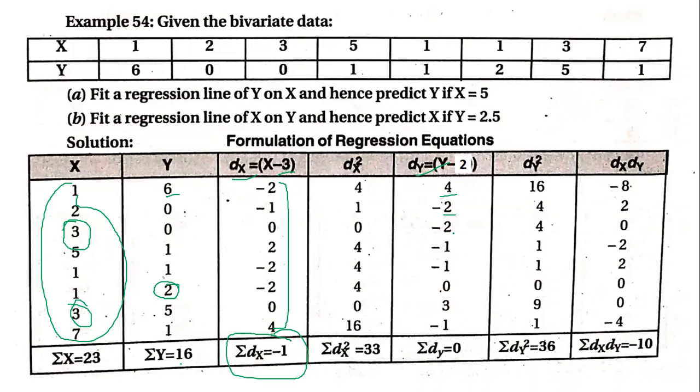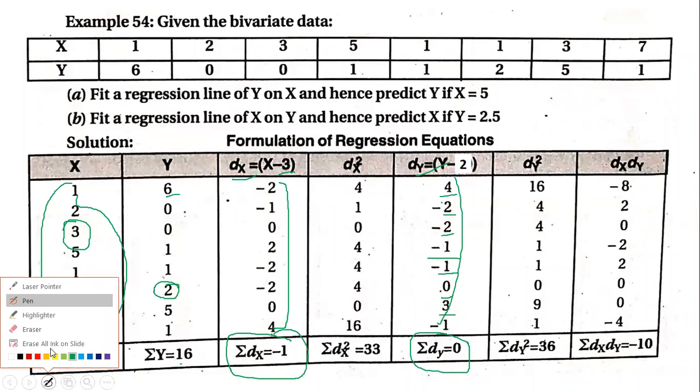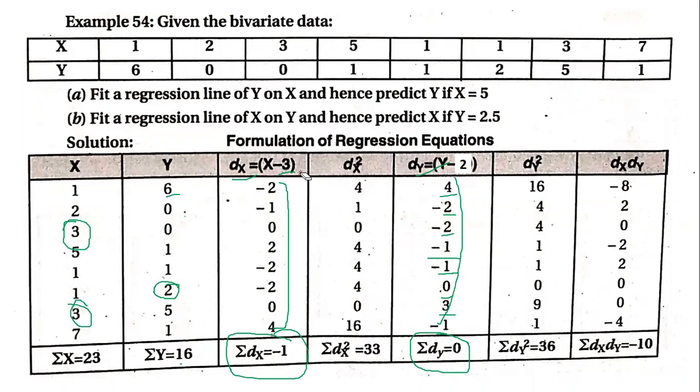Again 0 minus 2 is minus 2. 1 minus 2 is minus 1. Again same number. Again 2 minus 2 is 0. 5 minus 2 is 3. And 1 minus 2 is minus 1. So here everything will get nullified and sigma dy is equal to 0. So these are the deviations that we have found out from X as well as Y.